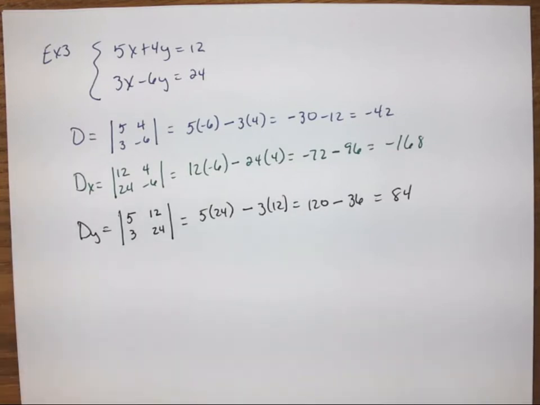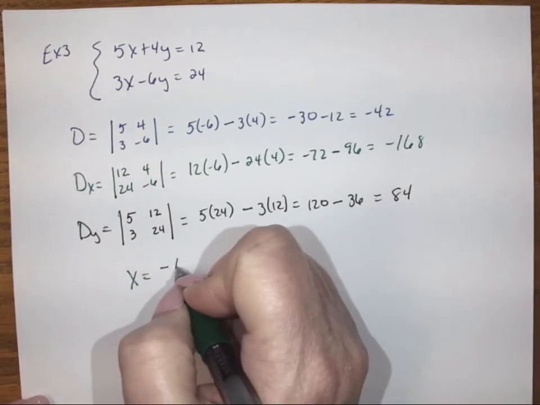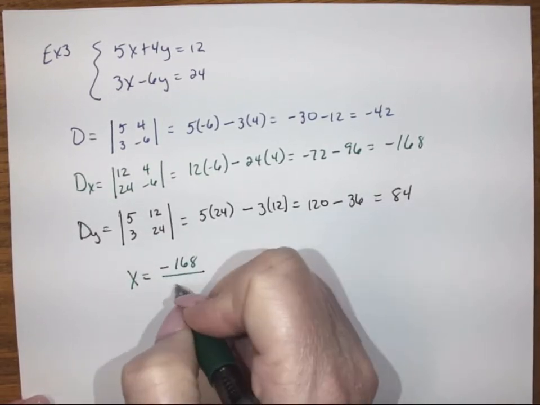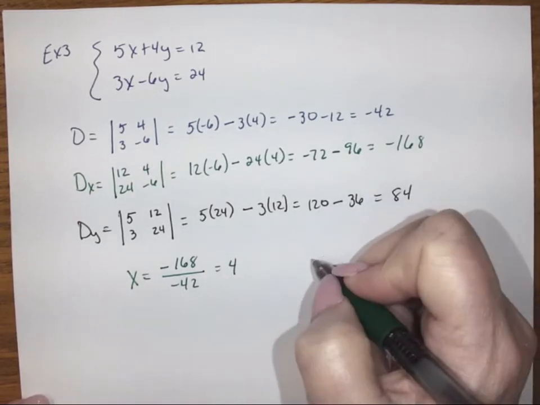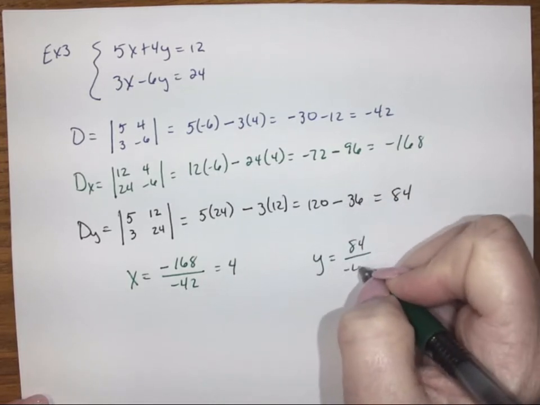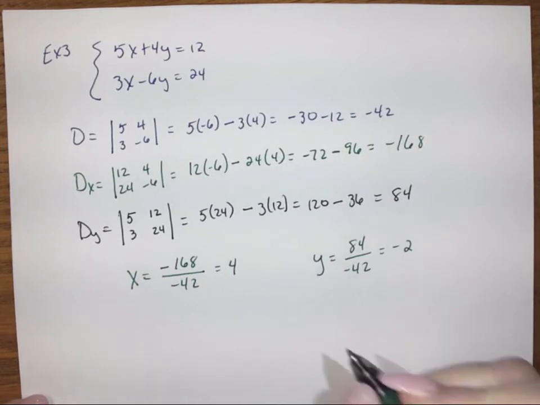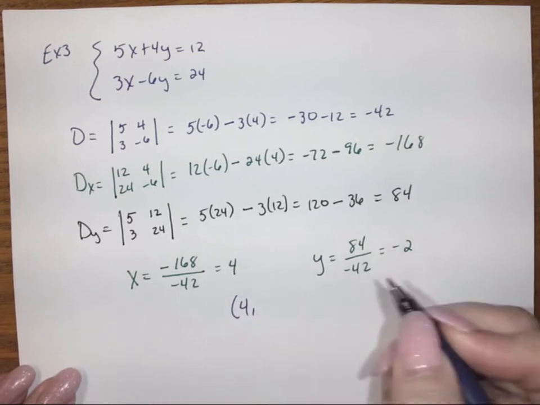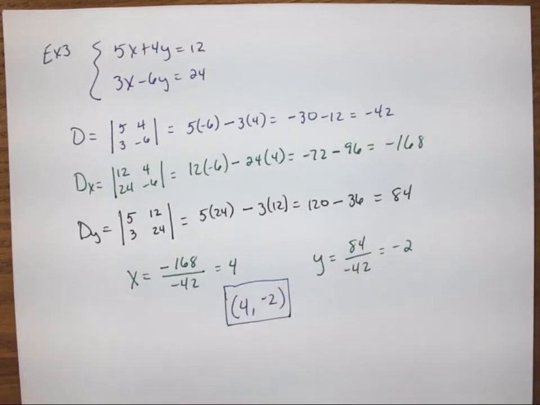So now we need to find our d sub x, or our x. Our x will be equal to negative 168 over negative 42, which will be 4. And our y will be equal to 84 divided by negative 42, which will be negative 2. So our ordered pair is going to be our x and our y in parentheses.